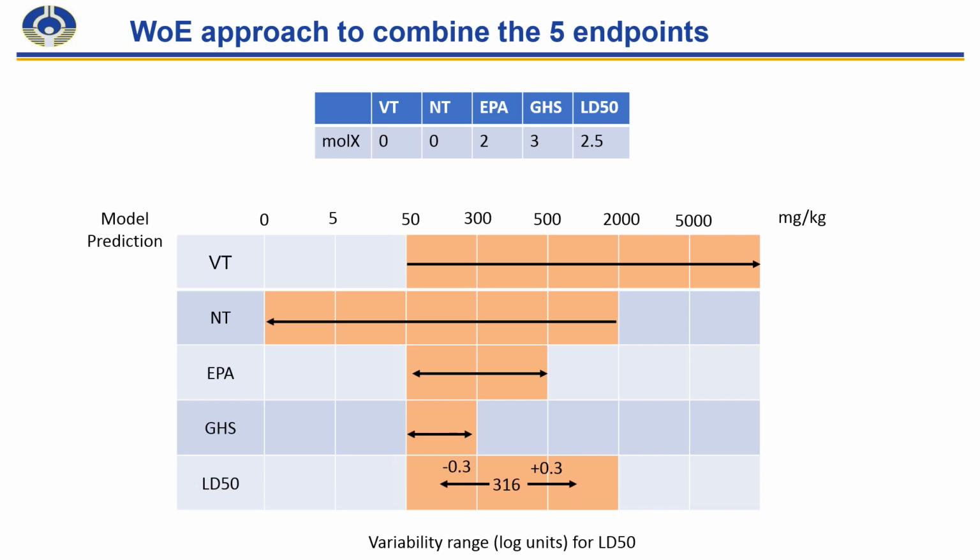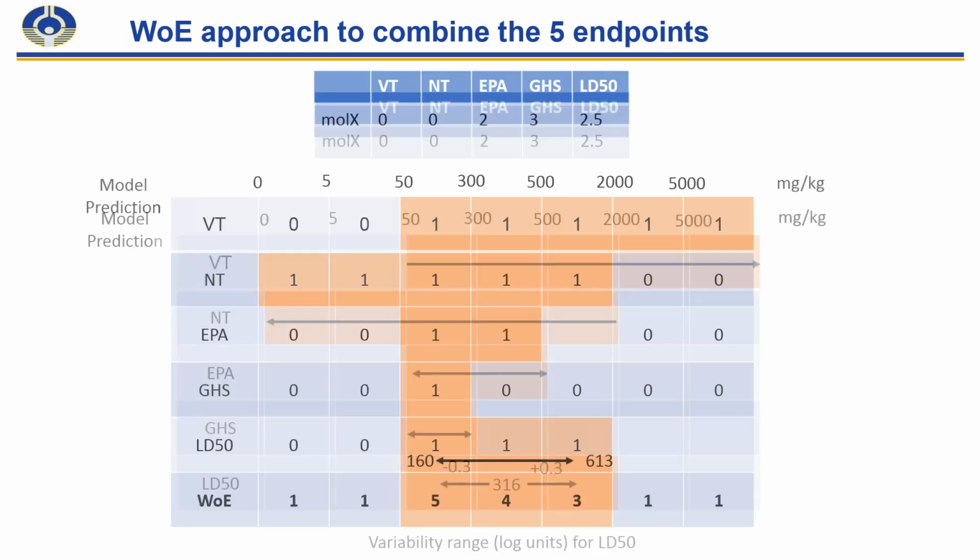And so that's about plus or minus 0.3 log units. So then when we apply that confidence interval to that quantitative LD50 value, we get a new range for that LD50 prediction. And that puts it in those other 2 categories.